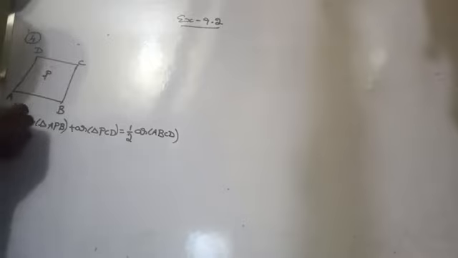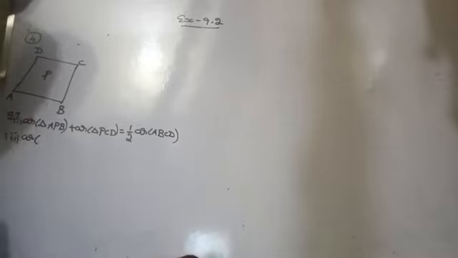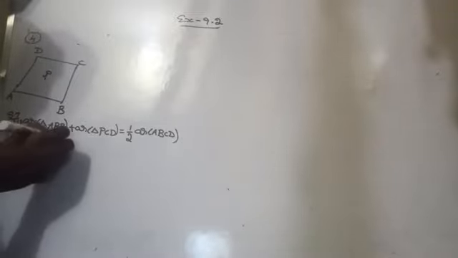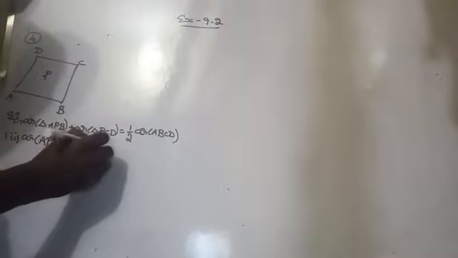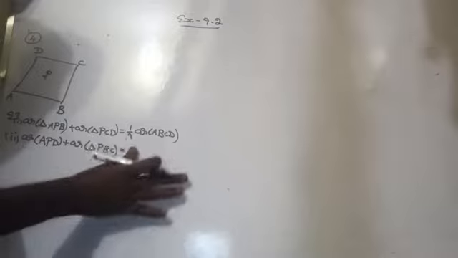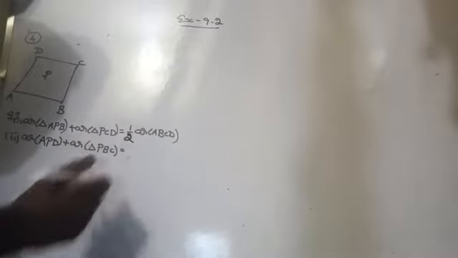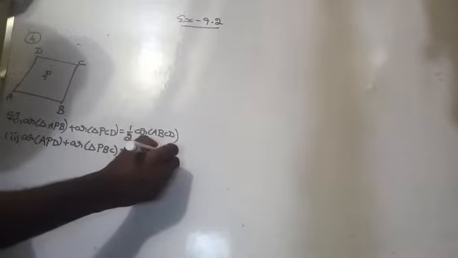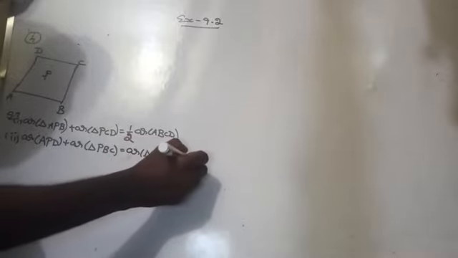In the second part you have to say that area of triangle APD plus area of triangle PBC is equal to area of triangle APB plus area of triangle PCD.